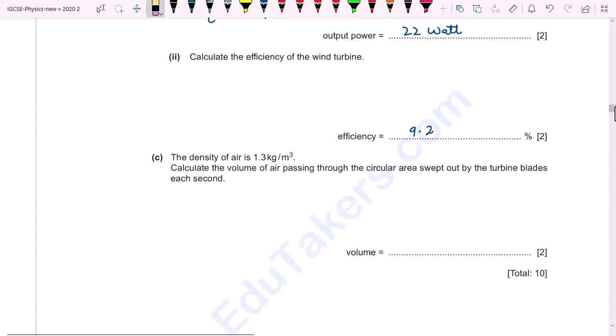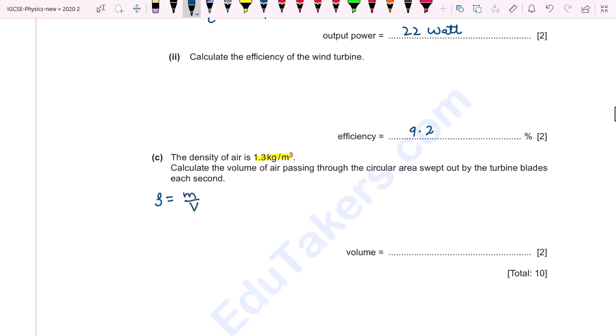The density of air is 1.3 kg per meter cube. Density is given. Calculate the volume of air passing through the circular area swept out by the turbine blades each second. Here we have to calculate the volume. So we know that density is equal to mass per unit volume and it is represented by rho. I write here rho is equal to mass per unit volume.